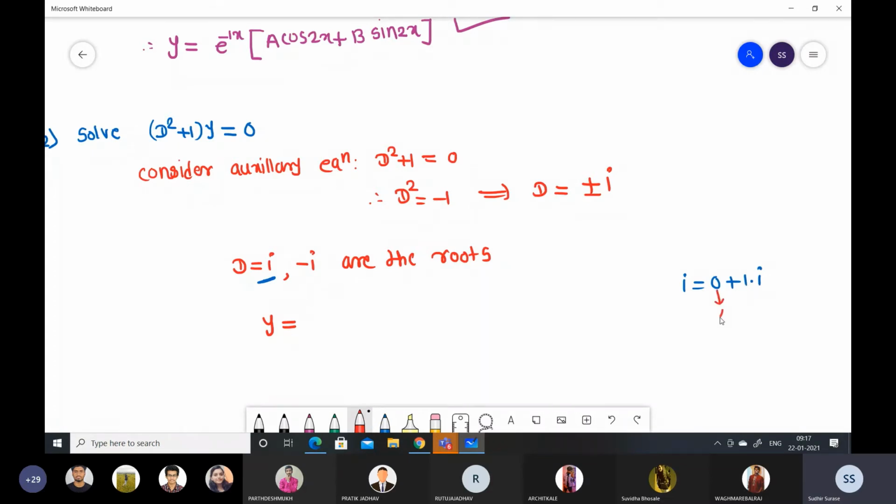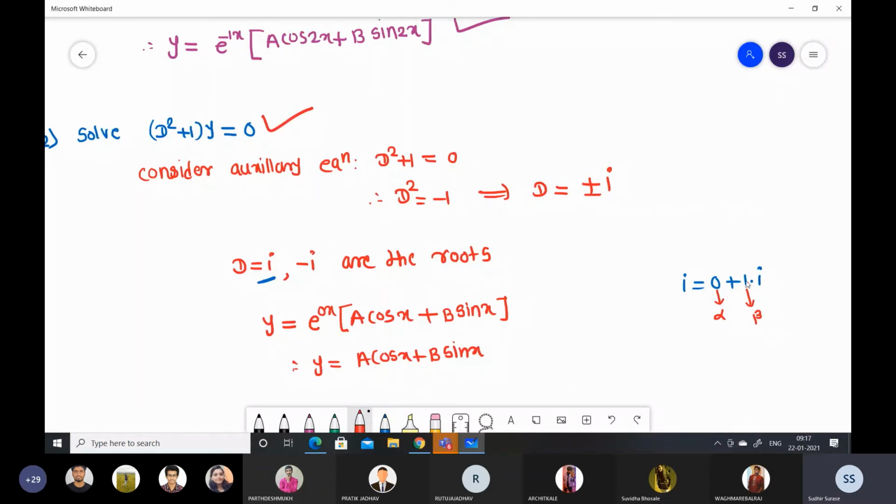So the real part alpha is 0, beta is 1, the coefficient of i, and then we require those values. So e to the power alpha x, alpha is 0, so e to the power 0x, in brackets a cos beta x, beta is 1, cos x, plus another constant b sine beta x, that is sine x. So simply we get y is equal to a cos x plus b sine x as the solution of this differential equation.